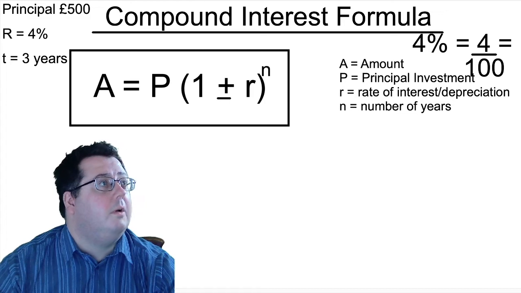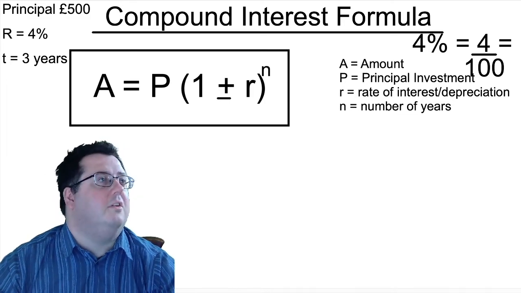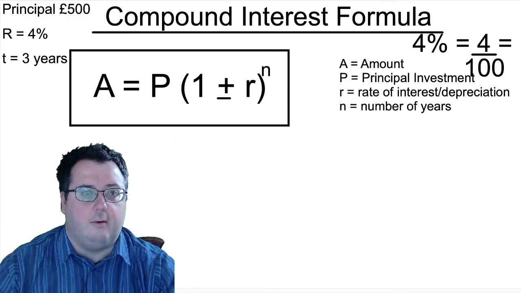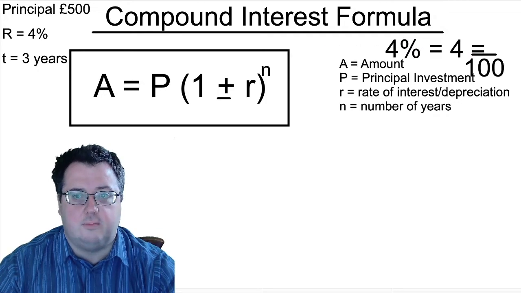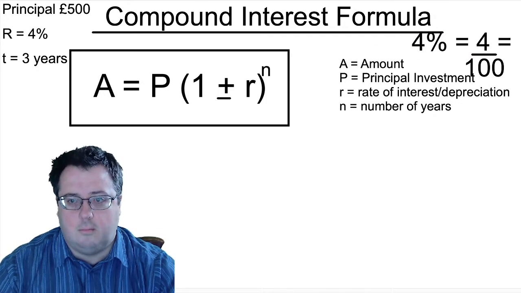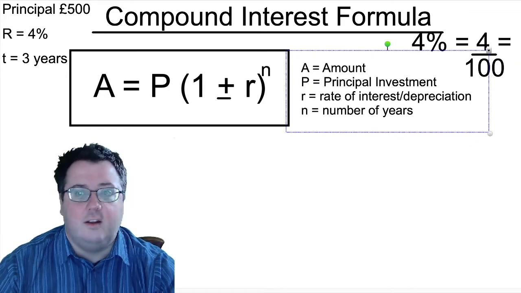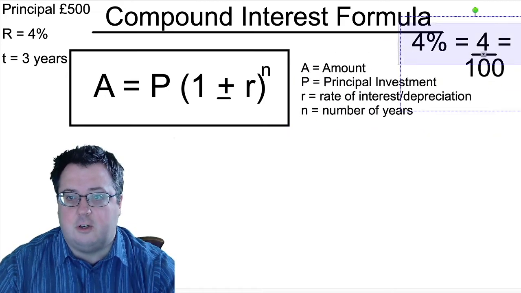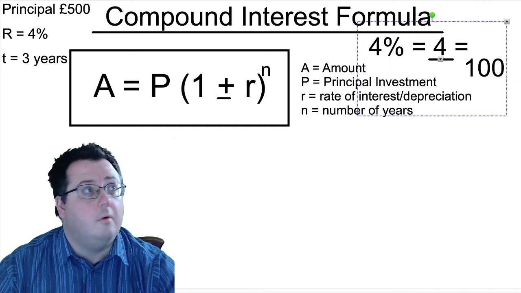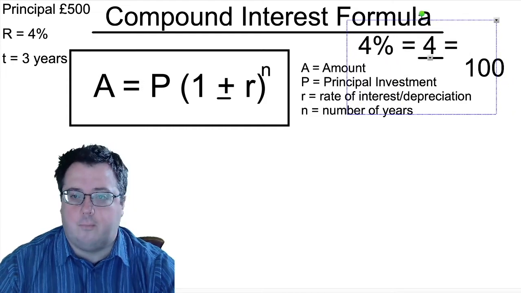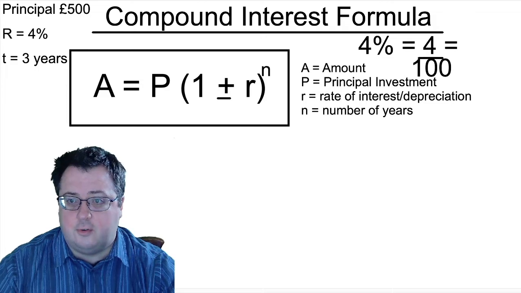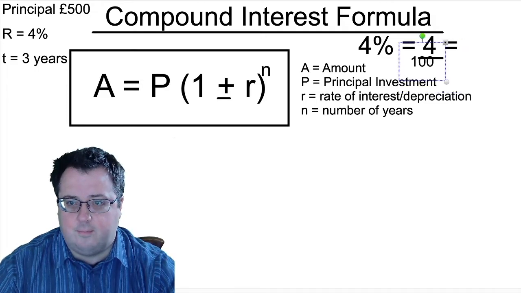Yeah, we're happy with that. I have to be a little bit more careful now with the space because we're running out of space. Let's move this in a little bit closer, and then that gives me the room for this at the top. Yeah, there we go. 4% is 4 over 100.